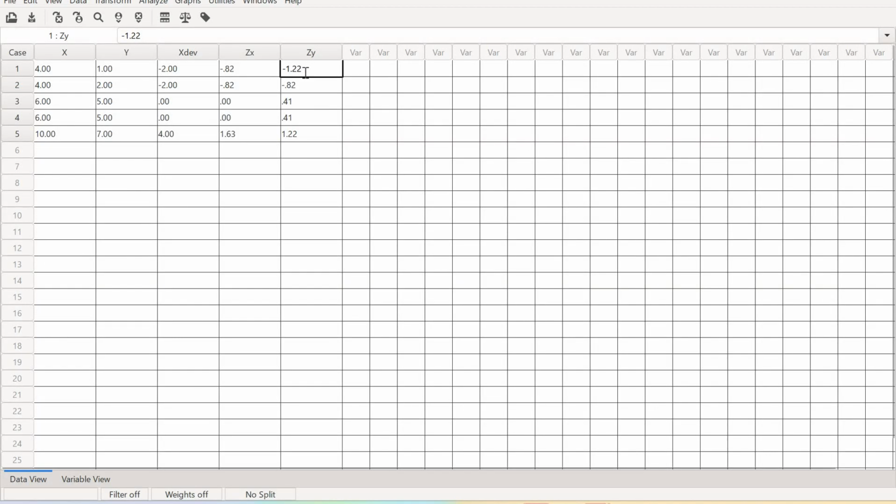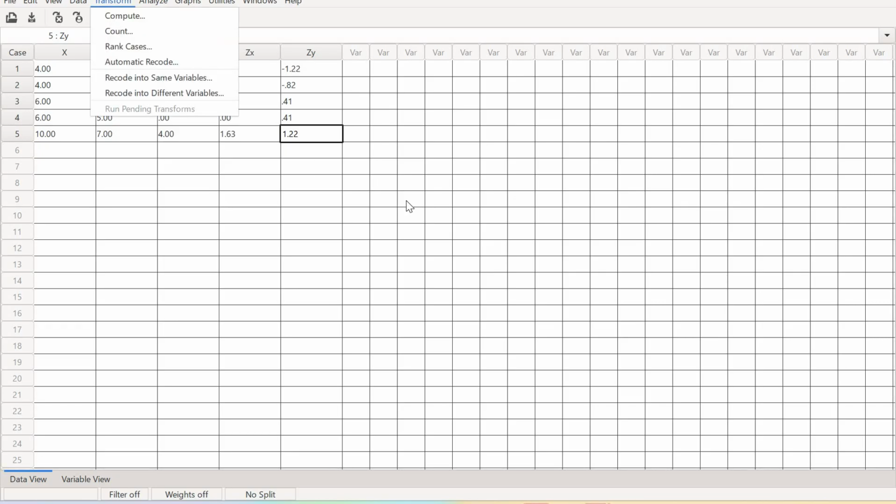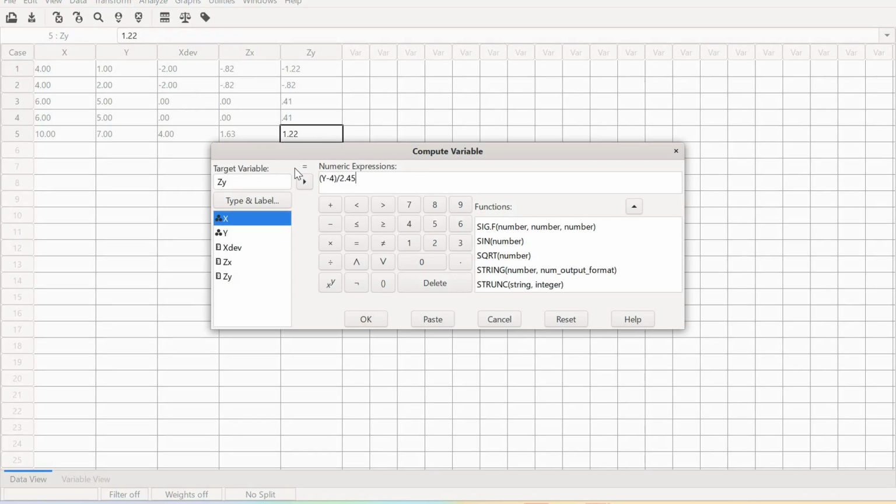Now I have z-scores for x and z-scores for y. Now I need to get the cross product of the two z-scores. This is called cross product, or just say zx cross product, easier to do.